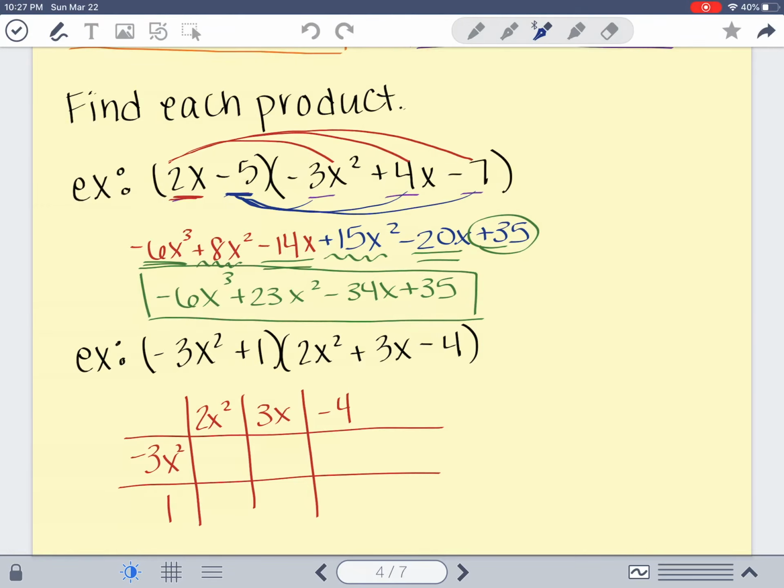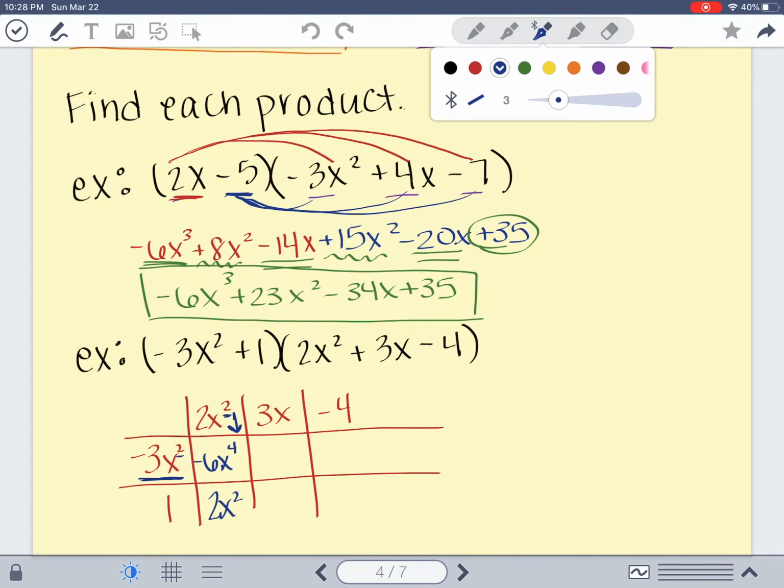All right, so the first column here, we've got negative 3x squared times 2x squared. So negative 3 times 2, I get negative 6. X squared times x squared gives me x to the 4th. Remember, you add those exponents together. And then 1 times 2x squared just gives me 2x squared still. So that one's going to make things nice and easy.